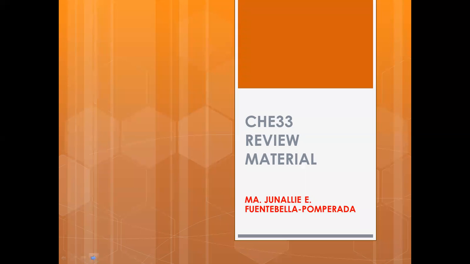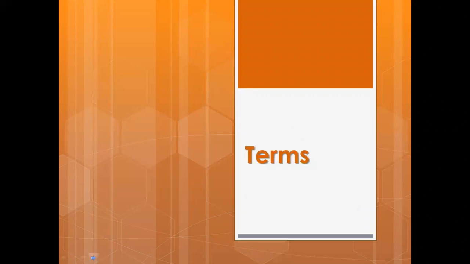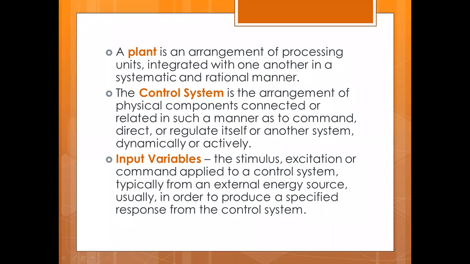So the first part of this review will be the terms that we have covered in process control, and some I have taken from other sources. So we have here a plant is an arrangement of processing units integrated with one another in a systematic and rational manner.